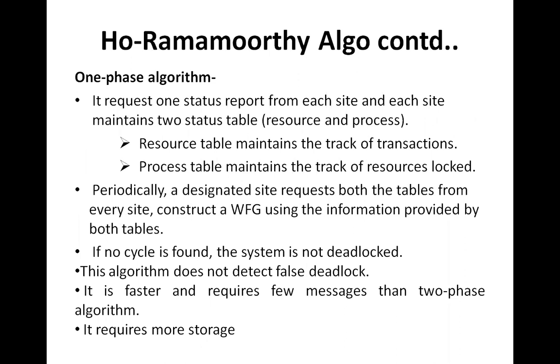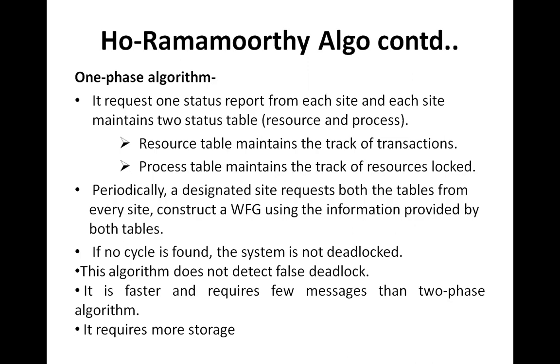The resource status table of a site keeps track of the transactions that are blocked or waiting for resources stored at that site. The process status table at a site keeps track of all the resources which are locked or being waited for by all the transactions at that site.